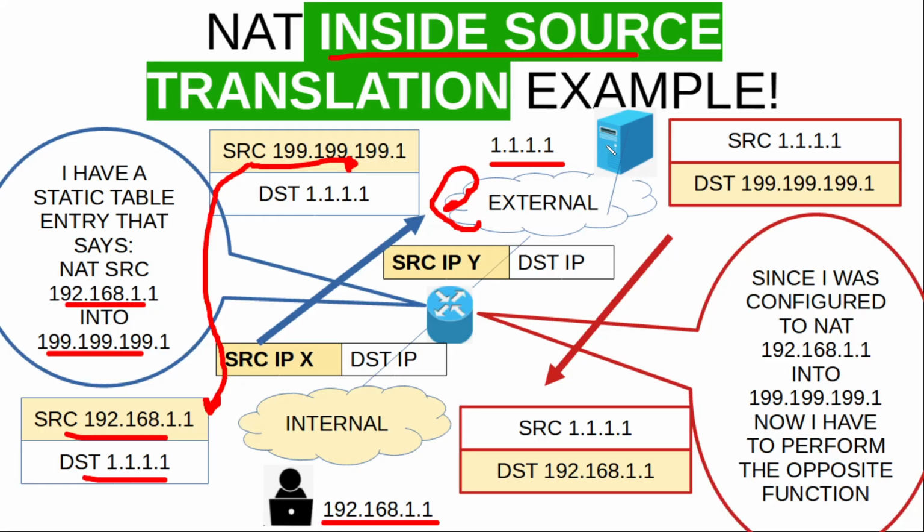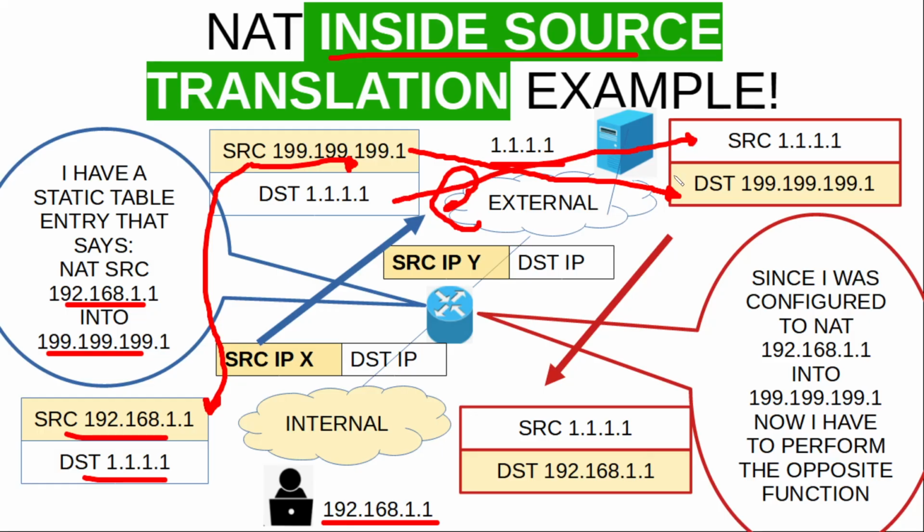So this server will eventually receive this packet, and it will then try to respond. When responding, remember that devices will change the order of the IP addresses. So the source IP address becomes the destination IP address, and the original destination IP address becomes the source IP address.